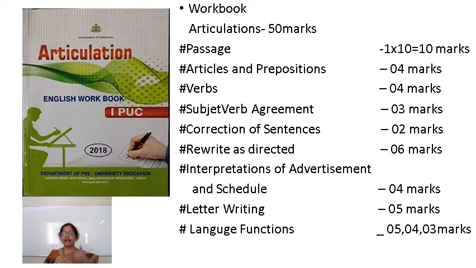Then comes correction of sentences. This is unseen, just like the passage. You can have the passage from anywhere. They can choose any topic for the passage. In the same manner, correction of sentences will be asked for 2 marks.